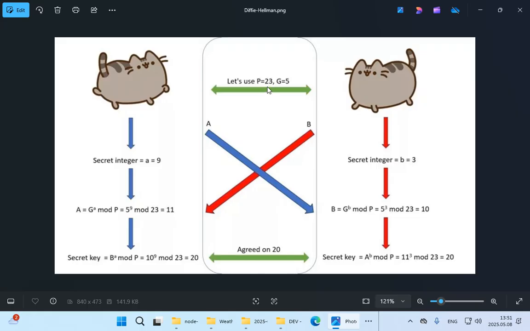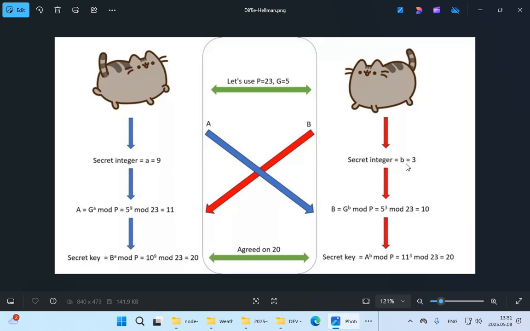So you get the prime number here, and this is the base. And now you can think about any secret number which is less than 23.